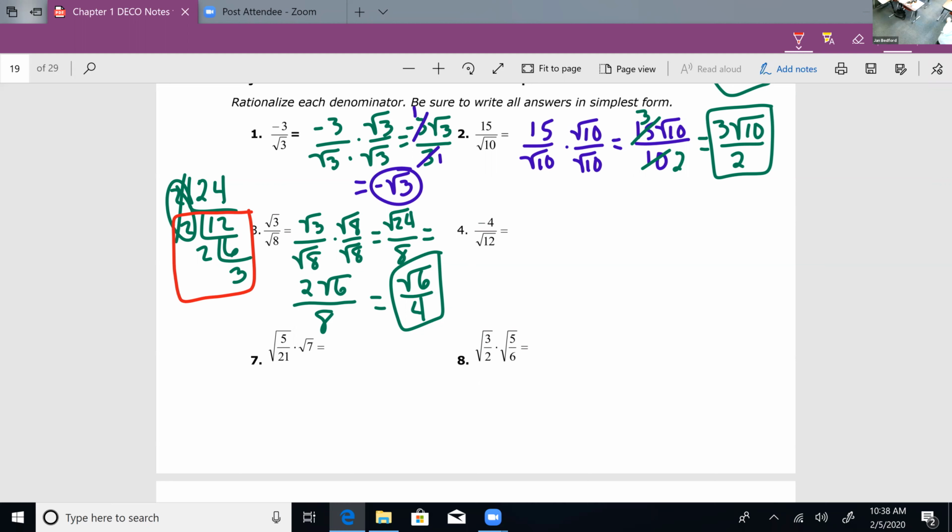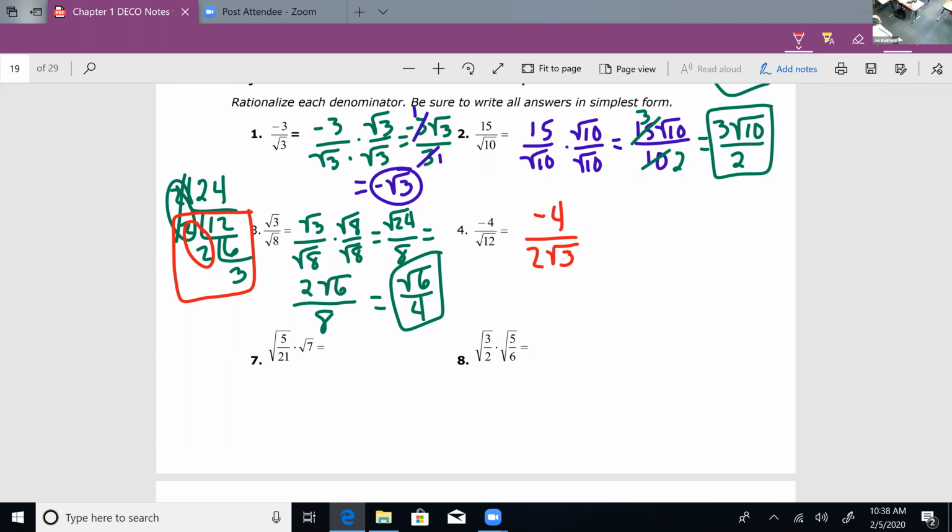If I'm looking at that, I do have a pair of something. I've got a pair of what? 2's. So if I were to factor that 12 and then simplify the radical, what comes outside? 2. What stays underneath? The square root of 3 is going to be the radical part.